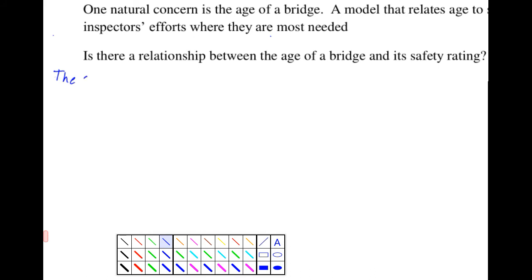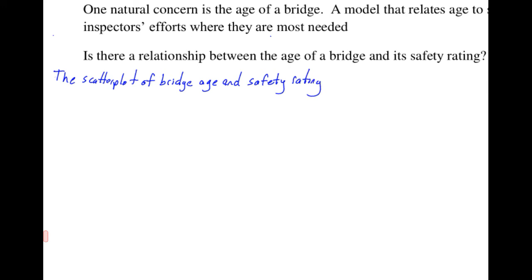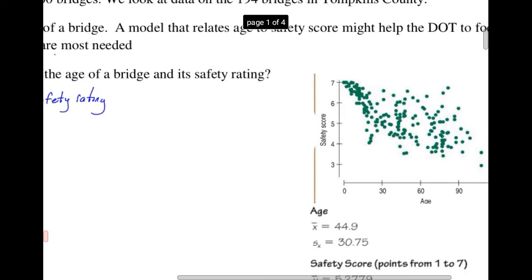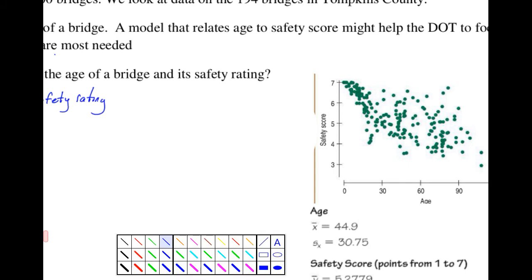The scatter plot of bridge age and safety rating. Remember, you always want context. That's why I'm starting off this way. I'm getting that context in right at the beginning. Context, context, context.